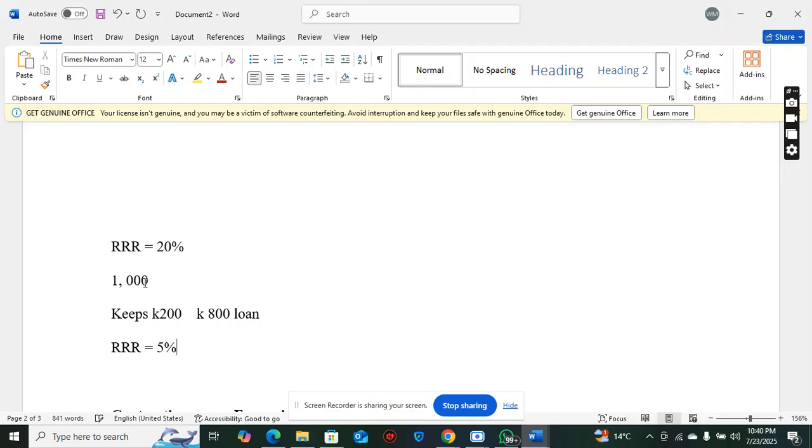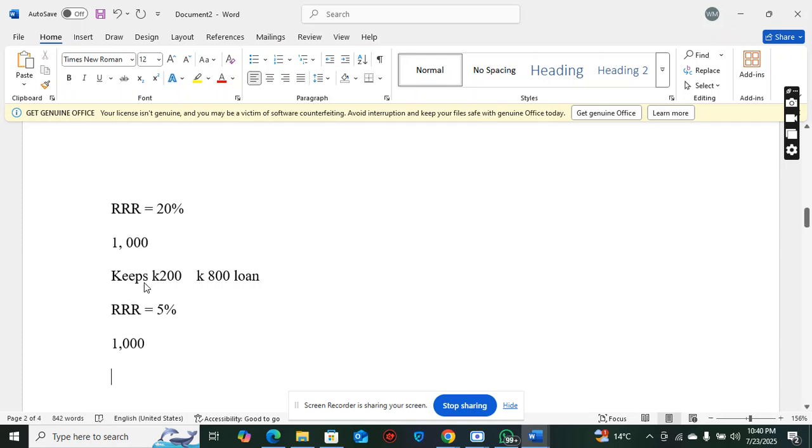it means if you deposit 1,000 in there, they'll just keep 5%. 5% of 1,000, if I'm not mistaken, should be 50. So the commercial bank will keep 50 kwacha, then 950 kwacha can be loaned out.